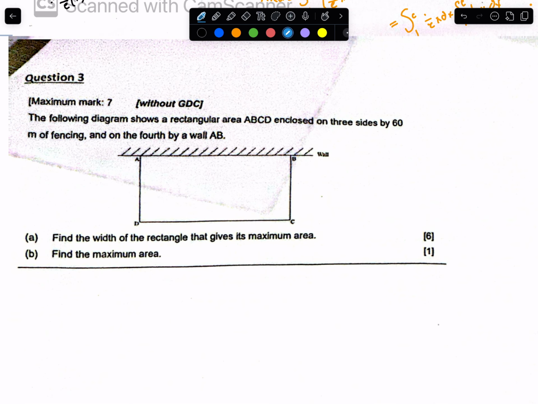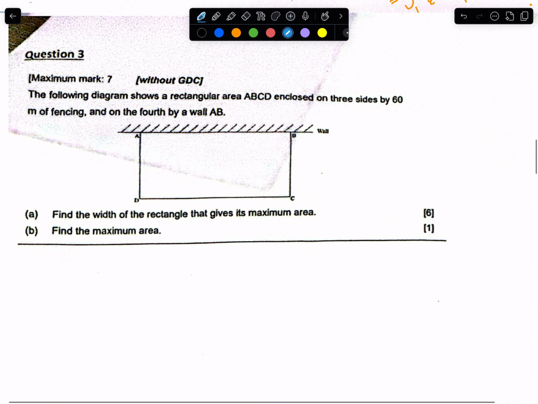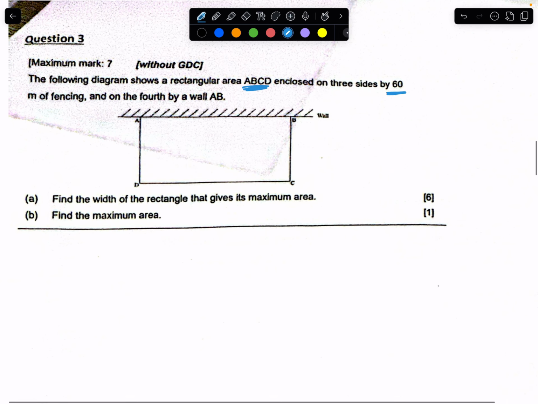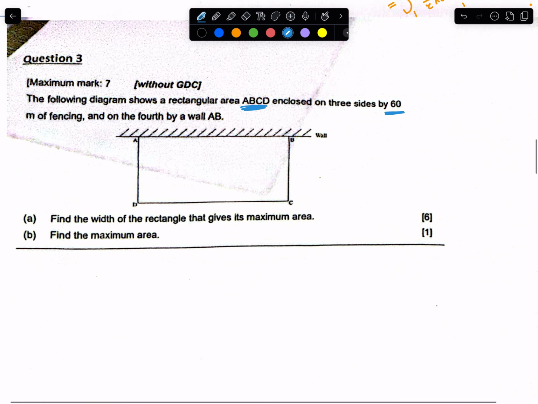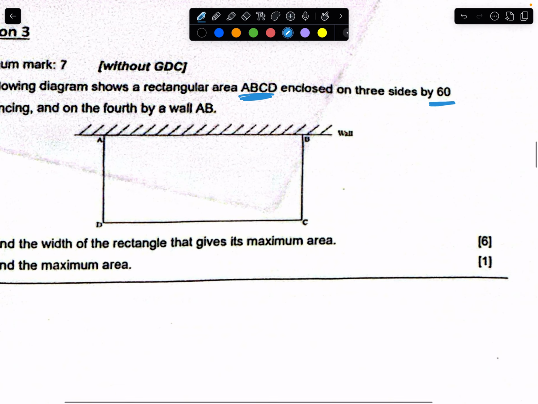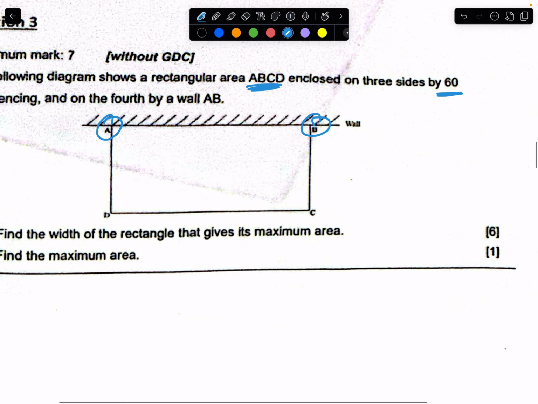The following diagram shows a rectangle, area ABCD, enclosed on 3 sides by 60 meters of fencing, and on the 4th by a wall AB. So we're given a rectangular area ABCD. One side AB is against the wall, so we don't need fencing there.